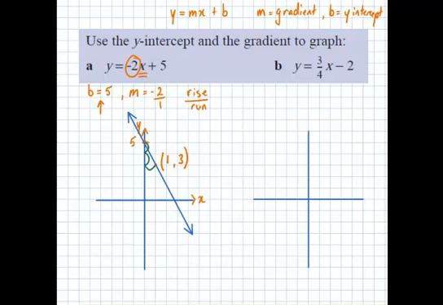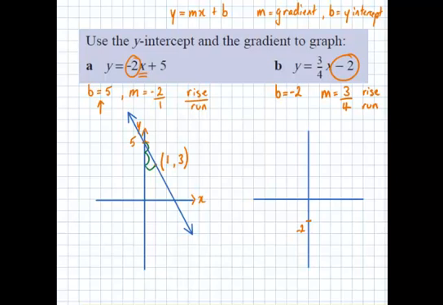Okay, let's have a look at the second one. So, same idea. Start with your y-intercept. The y-intercept is negative 2. I'm just going to write that down so we remember. So this time, negative 2 is down here, so I'm going to write that on there. Then my gradient is 3 over 4. So what that means is that my rise is 3 and my run is 4.